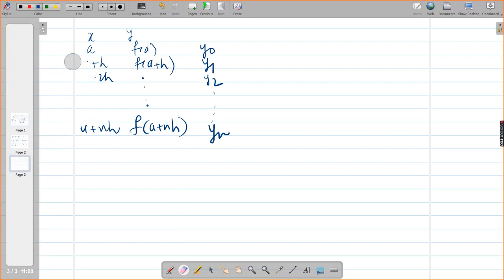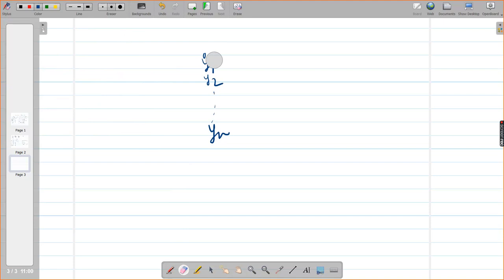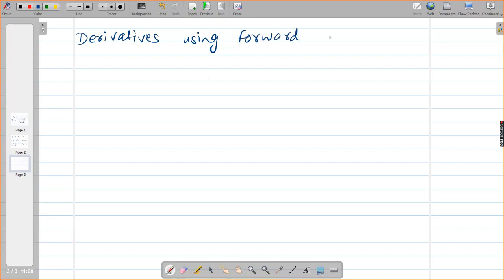So just get familiar with the notations. Otherwise, the formula is the same. Newton's forward formula is the same. So let us start with this. Derivatives using forward differences.